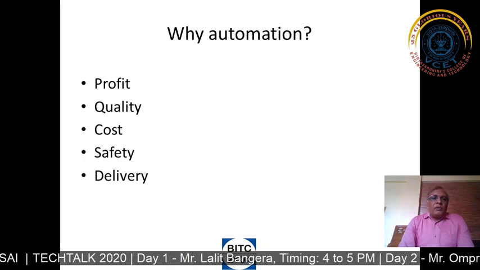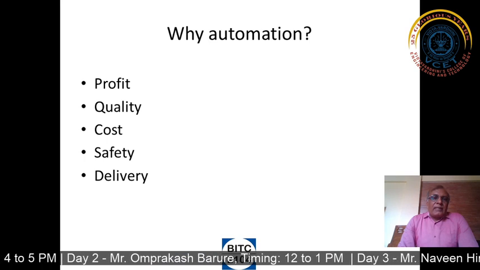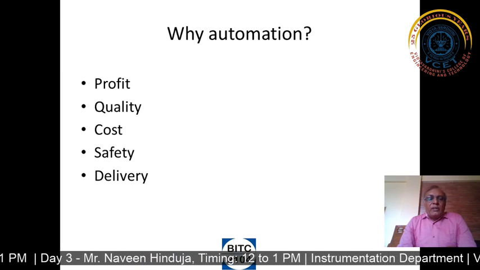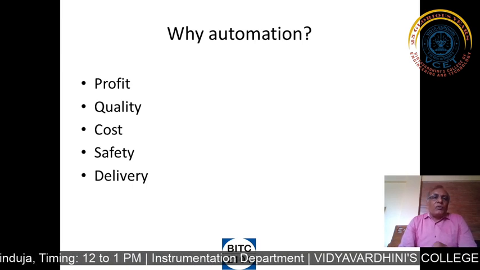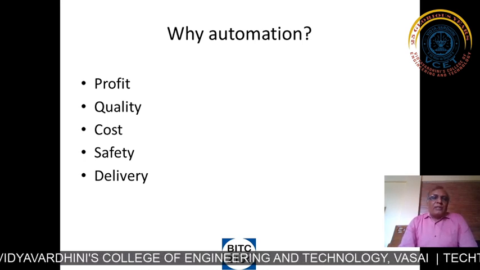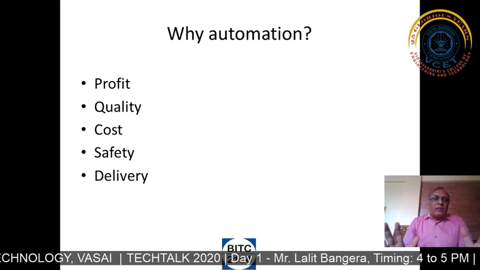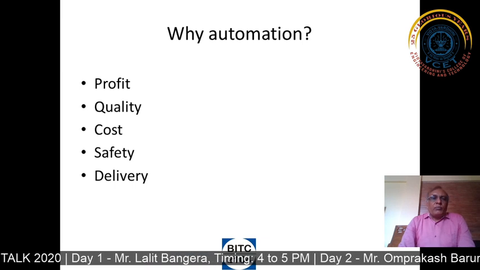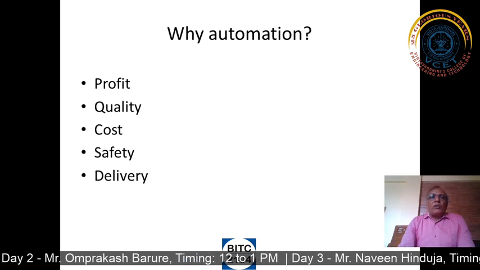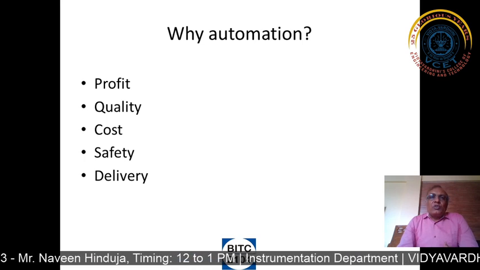There is one more, that is called delivery. They were manufacturing chocolates. They said that it is our responsibility to make sure that the chocolate is in the same good condition until it enters the mouth of my consumer. So the scope of automation increases, it goes beyond the factory, and even the quality of delivery is important. So PQCSD, a pentagon, is the objective of automation. This is the answer to why automation.